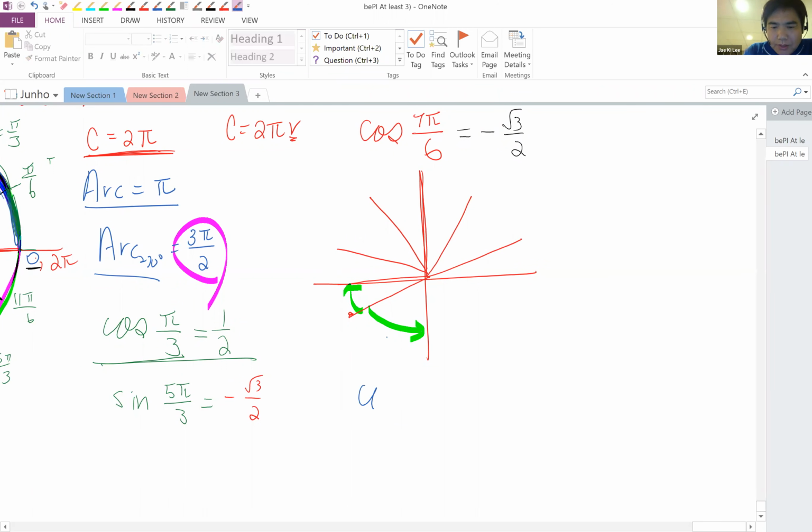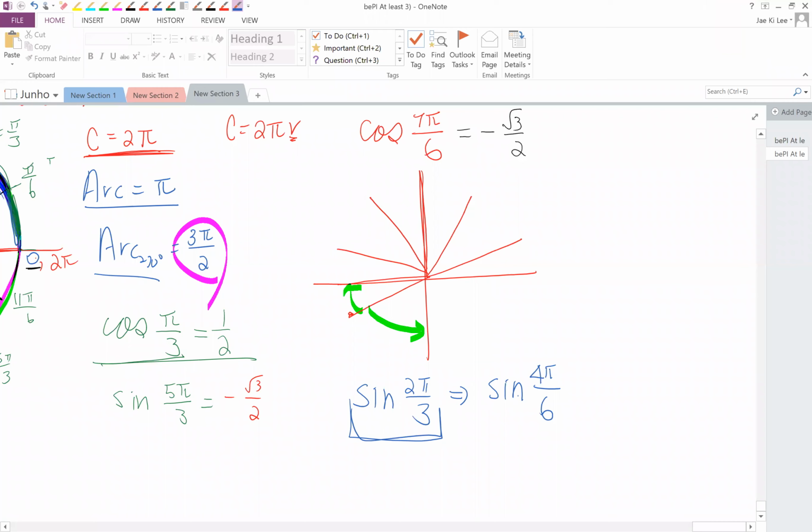I'm going to give you one more question, the sine this time: sine 2 pi over 3. Whenever you are given it this way, you can write sine 4 pi over 6. Make sense?